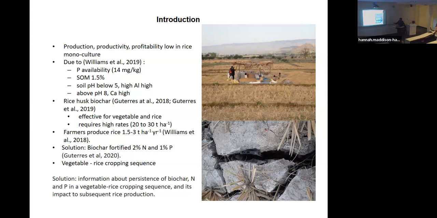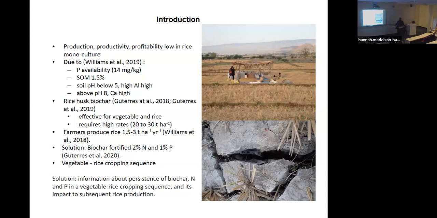This new design is to make low rice husk biochars and chemical fertilizer available for farmers in order to increase their production in paddy field areas in Timor-Leste in a vegetable rice cropping sequence.